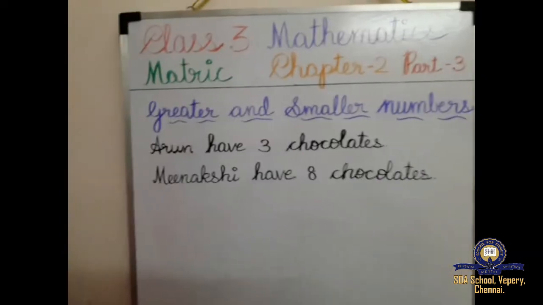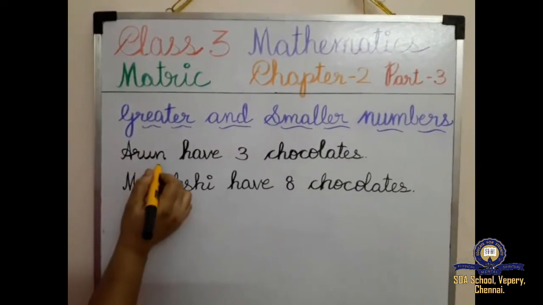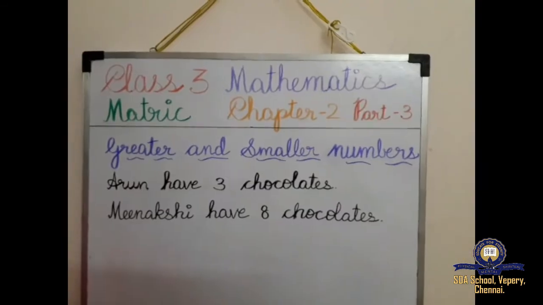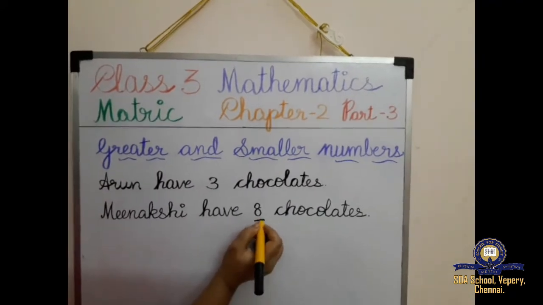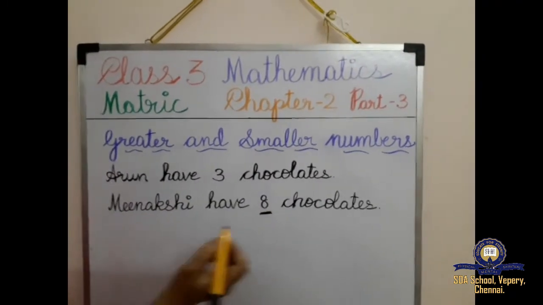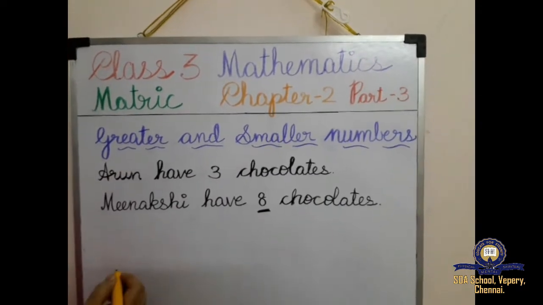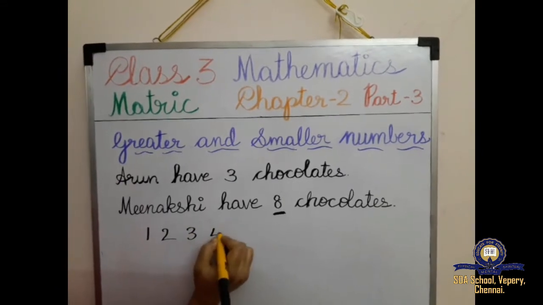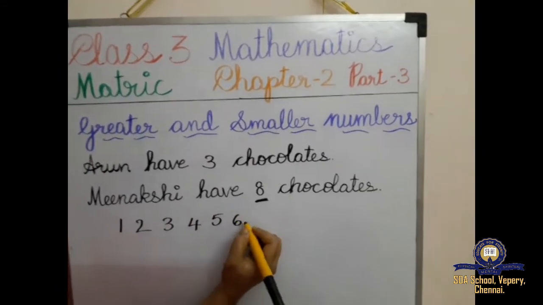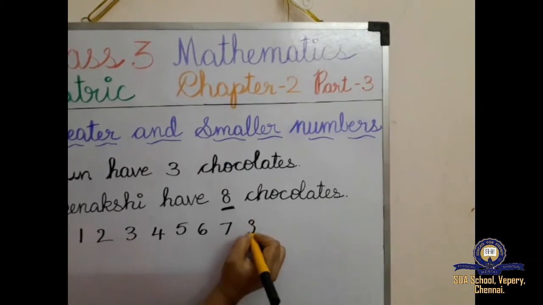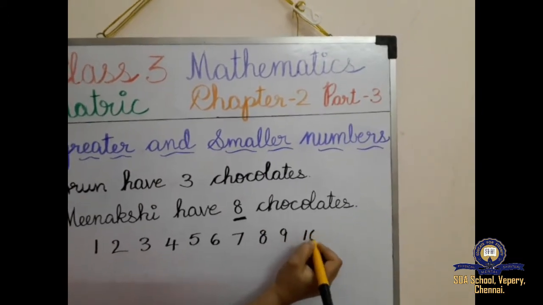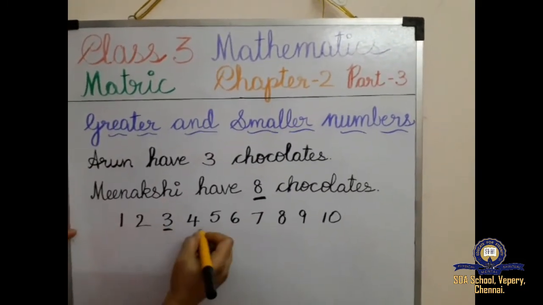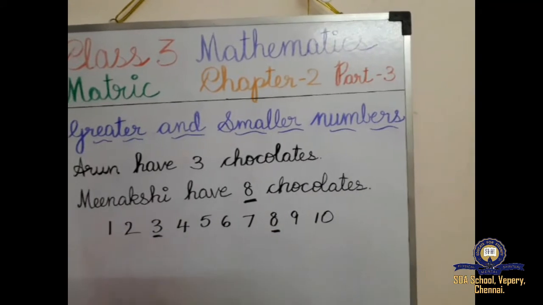Now who is having more chocolates, Arun or Meenakshi? Meenakshi. Yes, Meenakshi has more chocolates. How can we say Meenakshi has more chocolates? If we write 1, 2, 3, 4, 5, 6, 7, 8, 9 and 10 here, we find 3 comes first and then 8 is next, right?